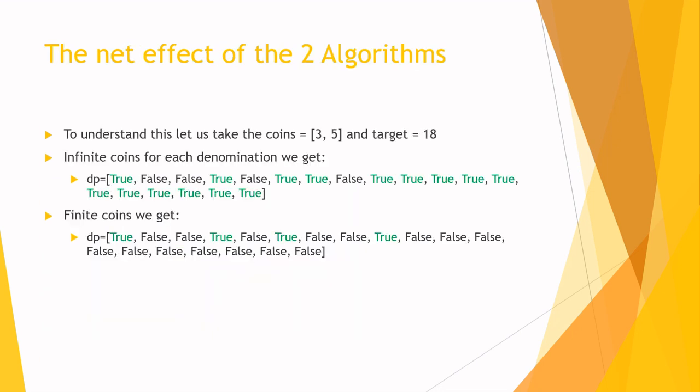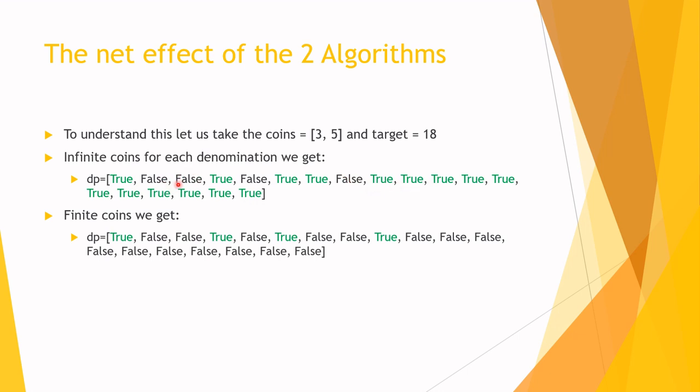Now what will be the net effect of these two different algorithms? What difference would it make? In the first algorithm, since we have infinite coins, say if we take an example of target as 18 with coins 3 and 5, we can achieve the target, obviously, because 3 into 6 is 18, so coins of 3 would give us 18, and as you can see, many more numbers will be possible.